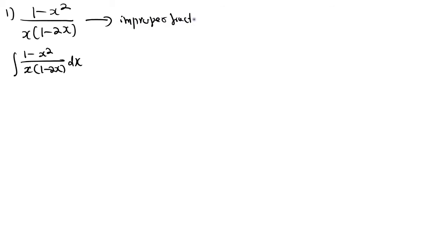Because see, what is the degree of the numerator? Degree of the numerator is equal to degree of the denominator. So it is an example for improper fraction, because see, if you multiply x here, you will get 2x square. Here also x square is there. Highest power is 2.